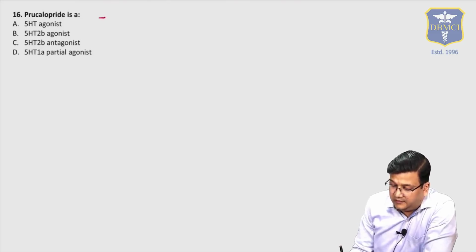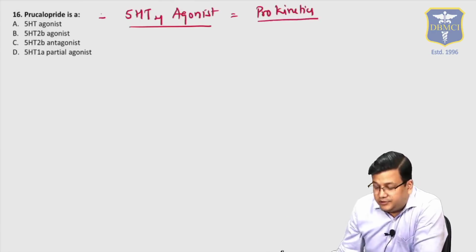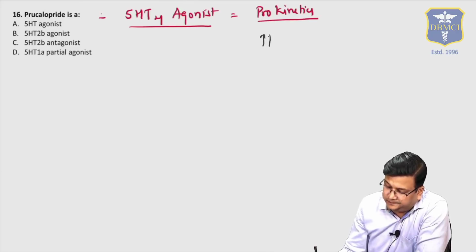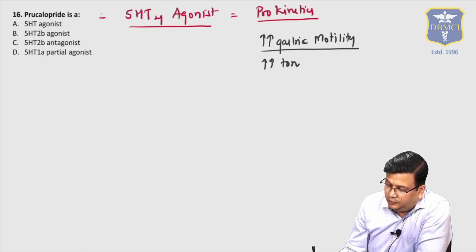It is simply a serotonin 5-HT4 agonist, also known as prokinetics. 5-HT4 agonists or prokinetics are the drugs that increase gastric motility and increase the tone of lower esophageal sphincter.